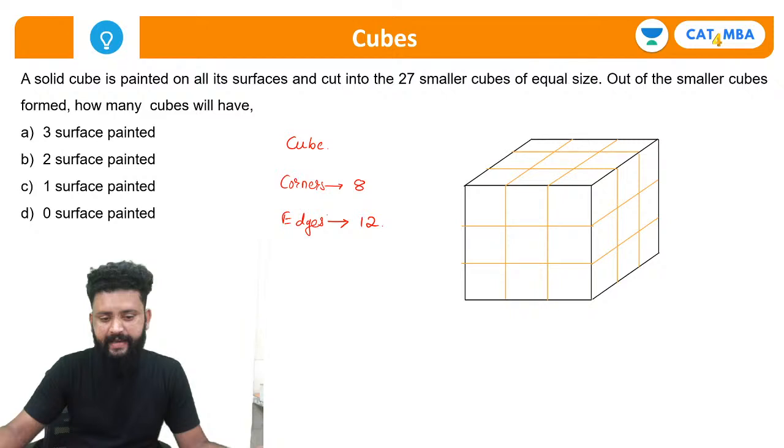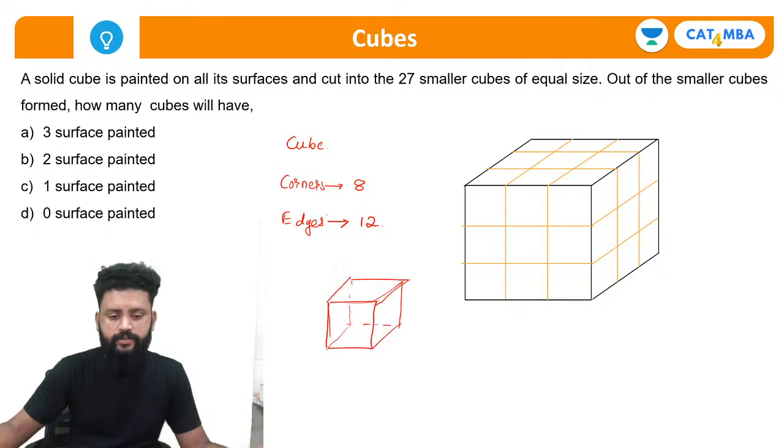If you take any cube, there are 12 edges: top 4 edges, bottom 4 edges, and 4 heights. These are the 12 edges. And the number of faces, a cube has 6 faces. Corners, there are 8 corners. So these are the basics you need to keep in mind while solving the question.